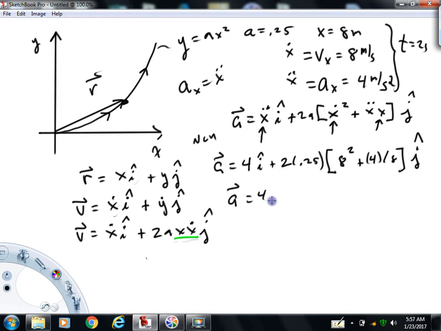So it's going to be 4i plus 48j meter per second squared. Yeah, when these things get 3D, they get a lot more difficult, quite a bit longer.